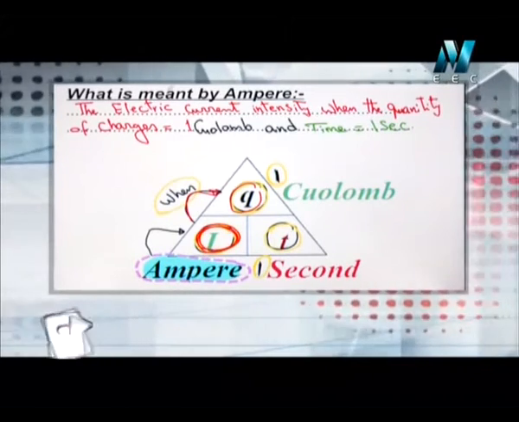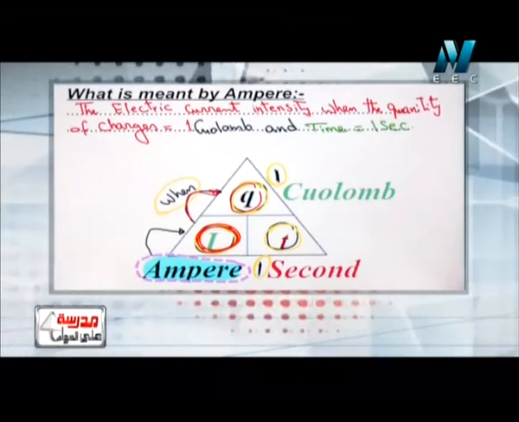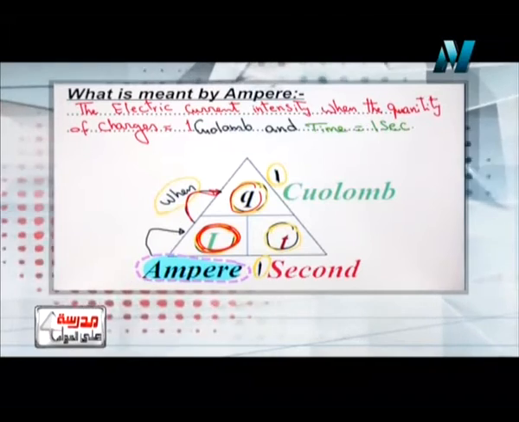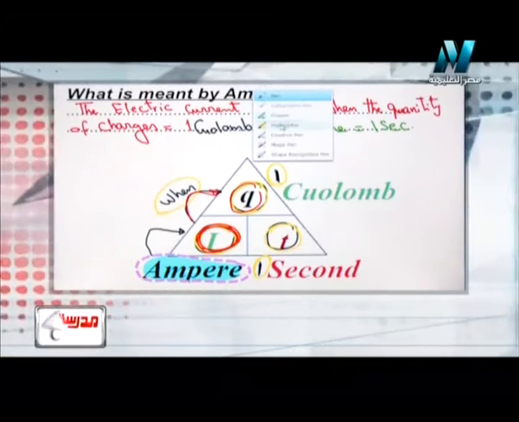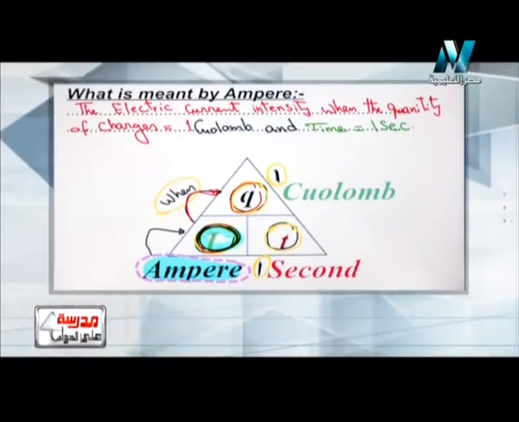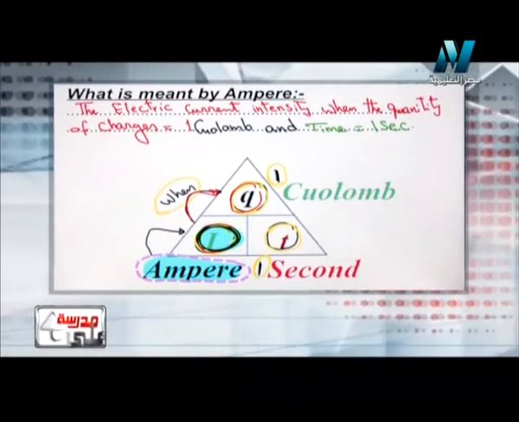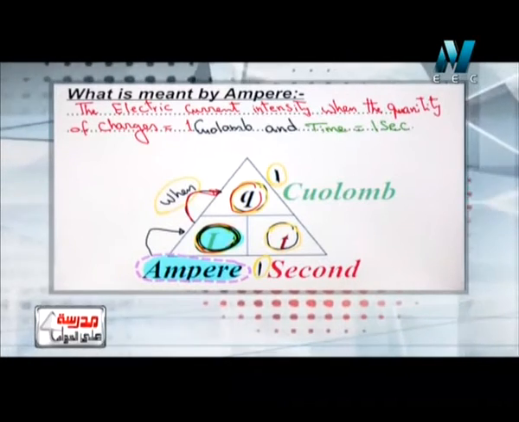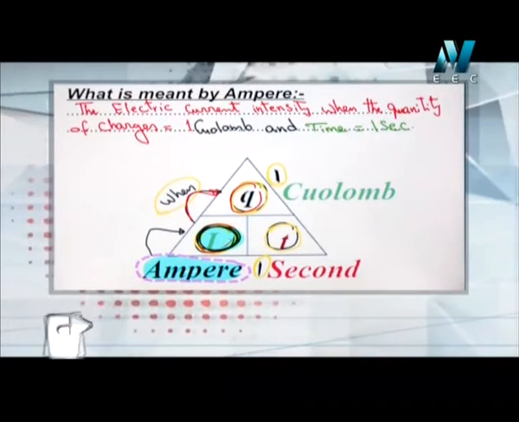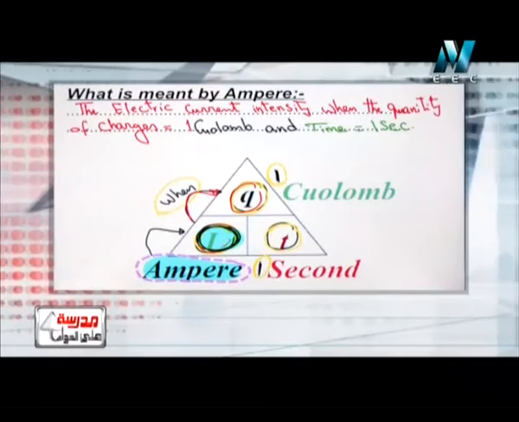Let's make a definition for something else to show you the topic is very easy. Let's define what is meant by electric current intensity. When he asks about anything inside the triangle, we define it by the two other items inside the triangle.